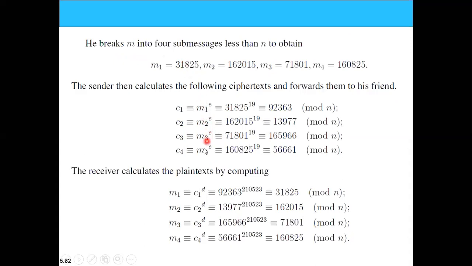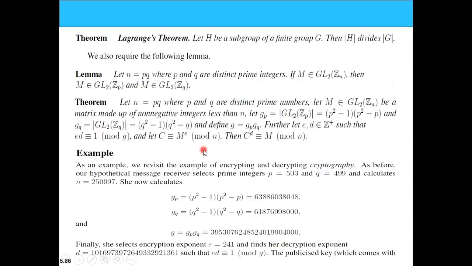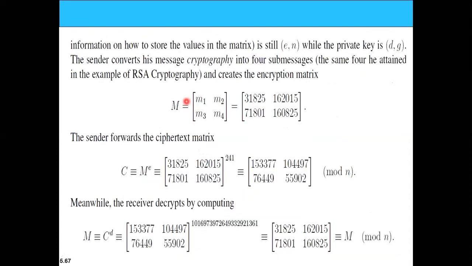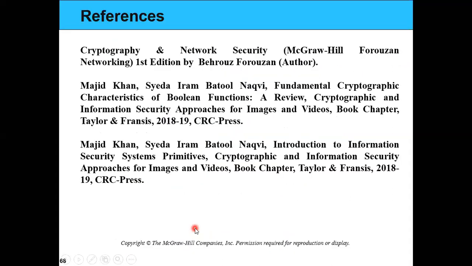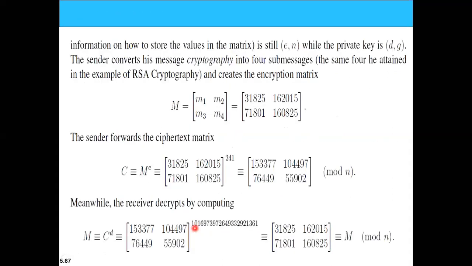But here, we just make it a matrix and take the matrix to the power E, and then the matrix to the power D. This is the easiest way compared to applying RSA on each and every element when N, as well as P and Q, are very, very large. So this is one of the extensions of RSA using matrix algebra.